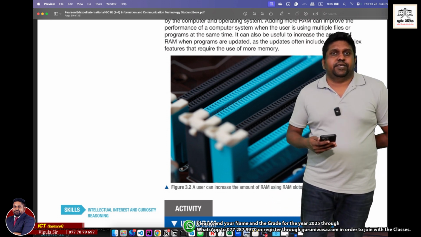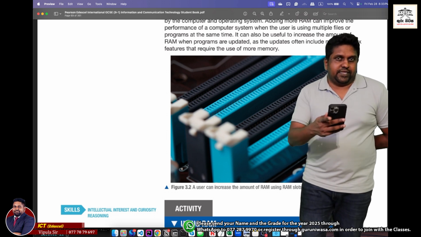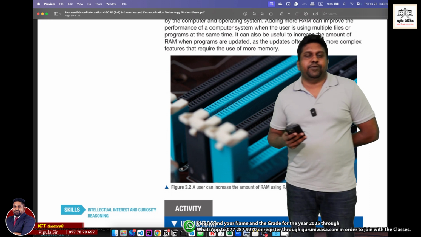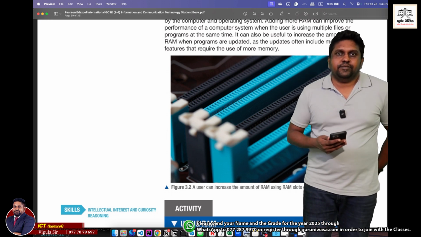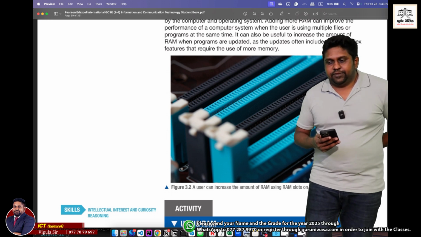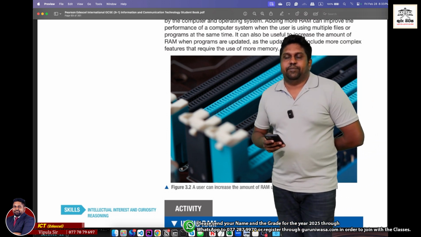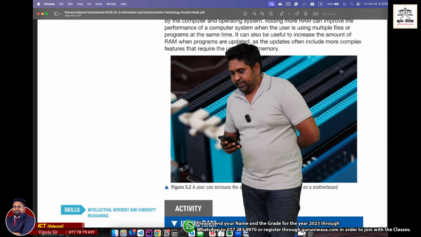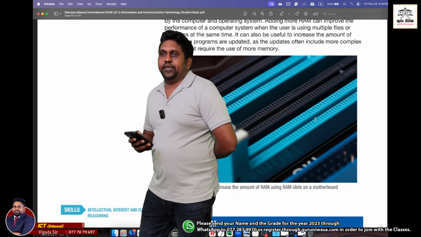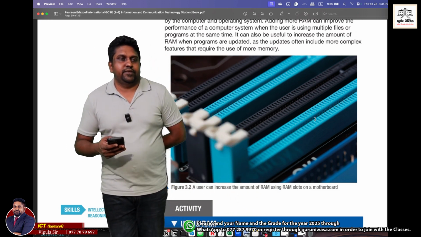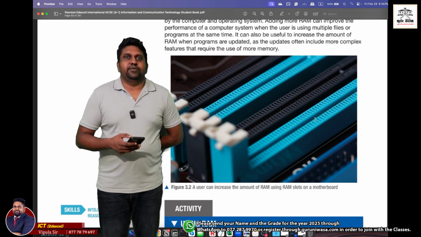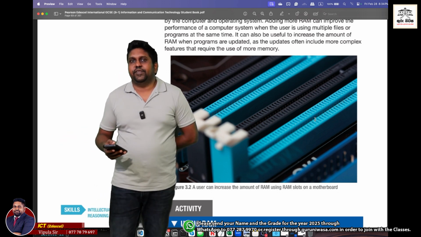Plus, as I explained during the previous class, there's this concept called memory allocation or resource allocation. When it comes to resource allocation, what happens is it will take on whatever resources are available based on the requirement of the software.